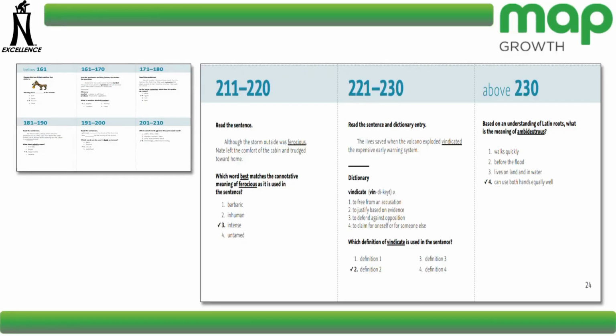And then above 230, it's based on understanding of Latin roots. What is the meaning of ambidextrous? There are multiple questions based off of these RIT bands, and it builds upon one another.